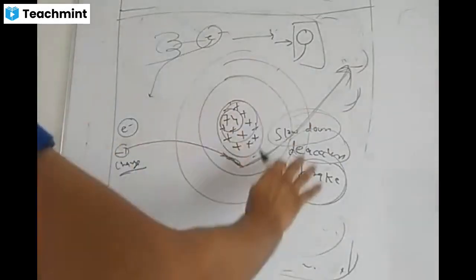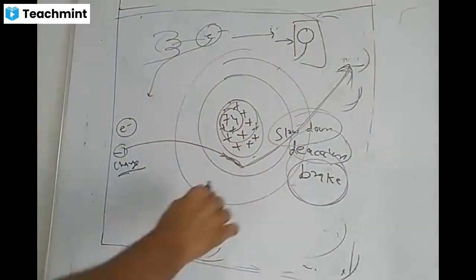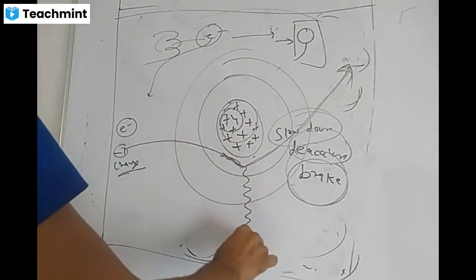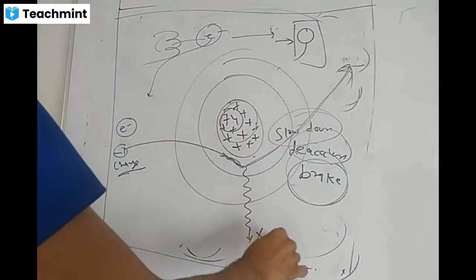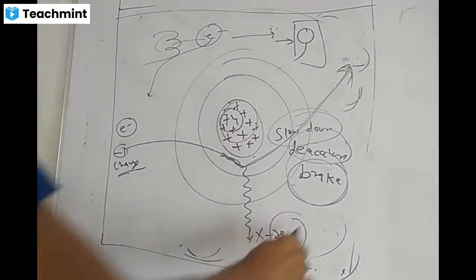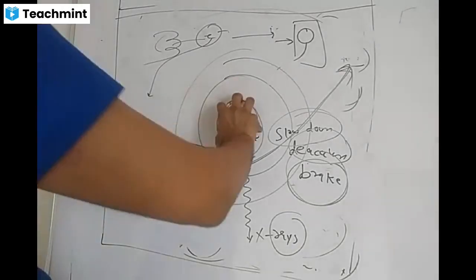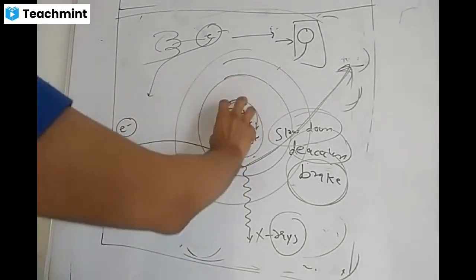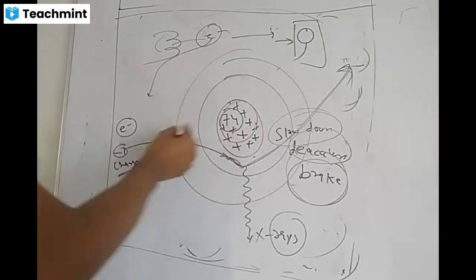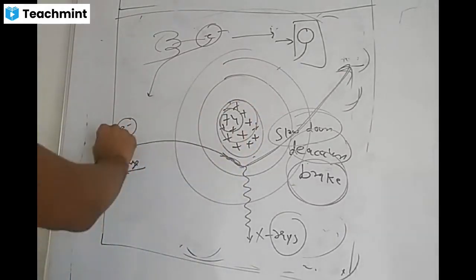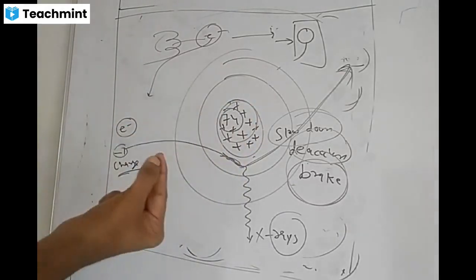During this attraction, during this interaction, it loses its energy in the form of X-ray. This is how the X-rays are produced in radiative interaction. We are having so much heavy, huge positive charges here, and what is coming inside is this very small -1.